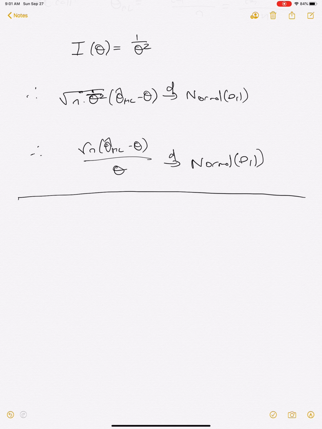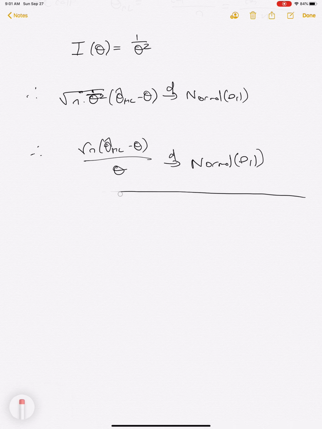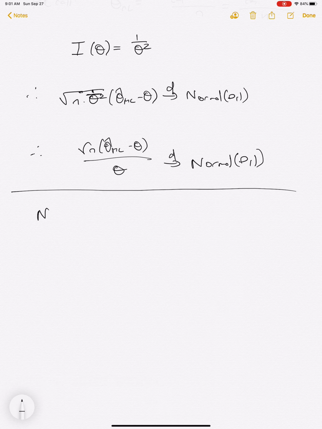Okay, and the thing I'll note here is that this does not follow from the CLT in this case.